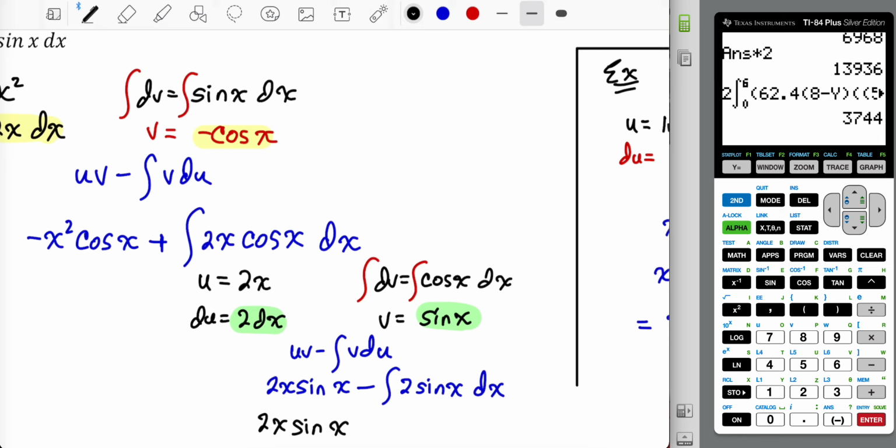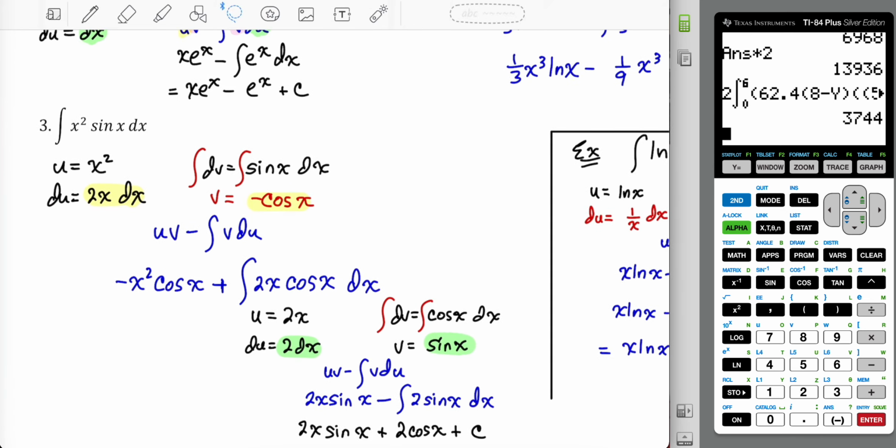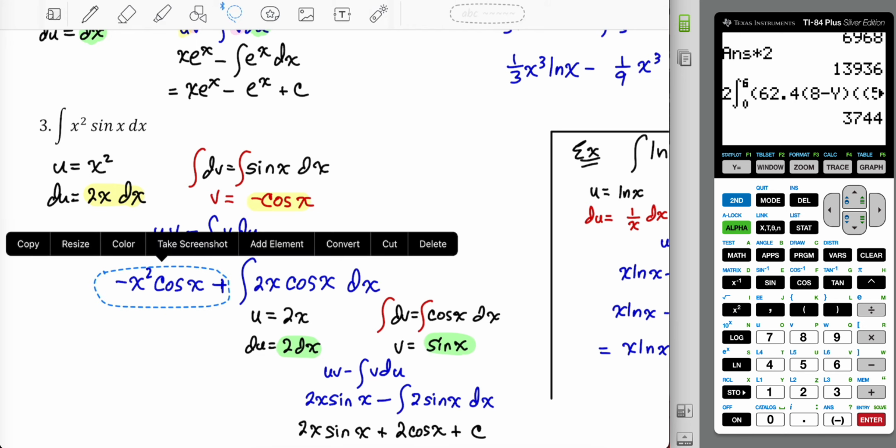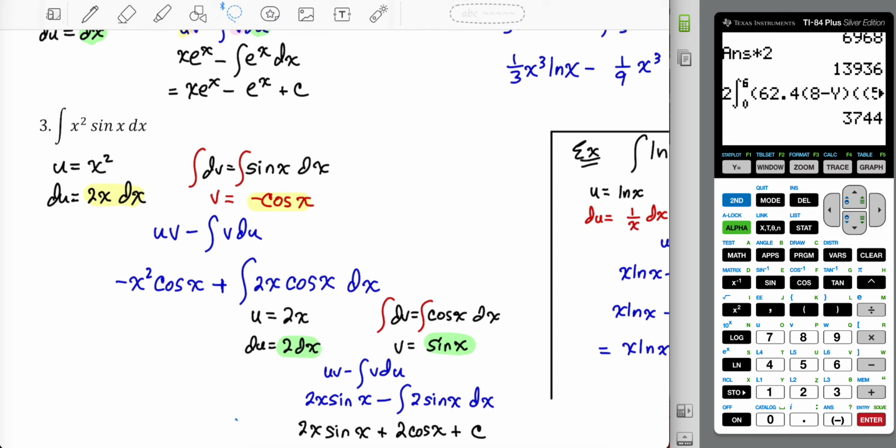Antiderivative of sine is negative cosine. So negative 2 times negative cosine is positive 2 cosine. All right, plus the c. And that was added on. That was the add-on to the negative x squared cosine of x. So it took a little doing, but we got there.